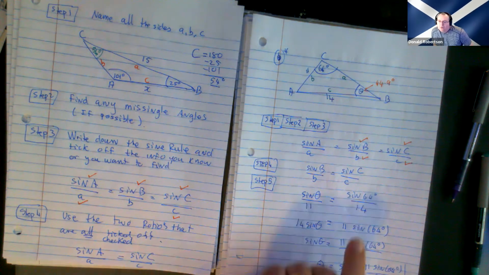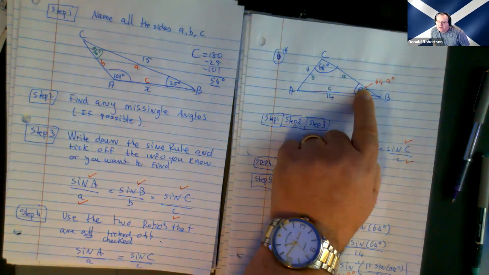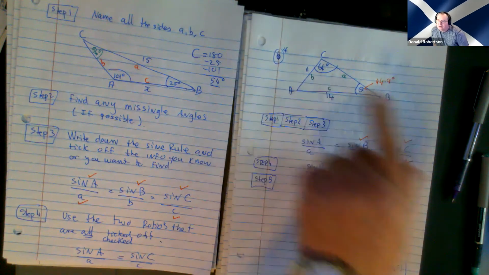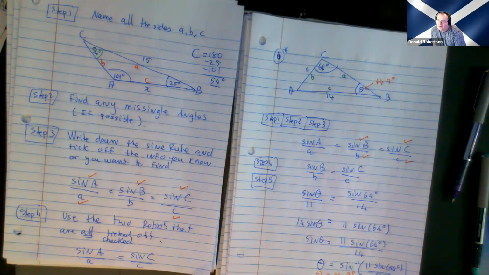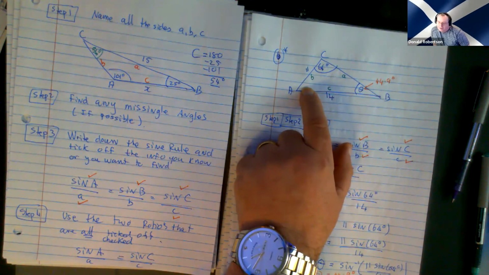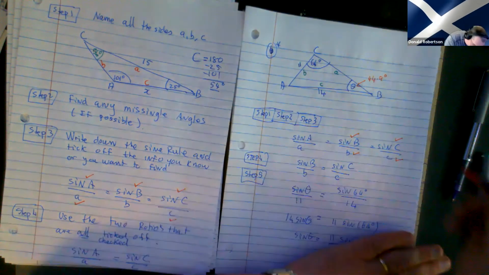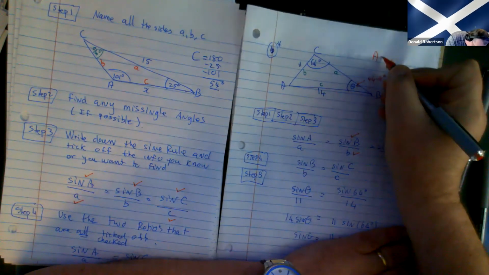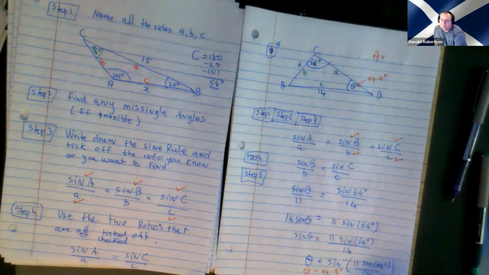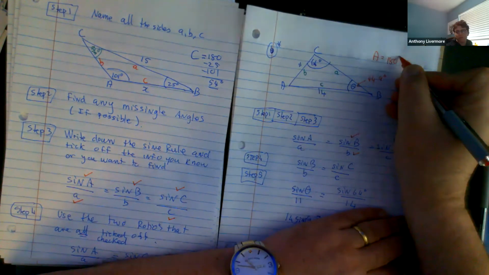Now that I know that this angle is 44.9, can I find angle A? Great. I now know that this is 44.9. I can now find angle A. What would be the calculation to find angle A? 180 minus 64 minus 44.9.